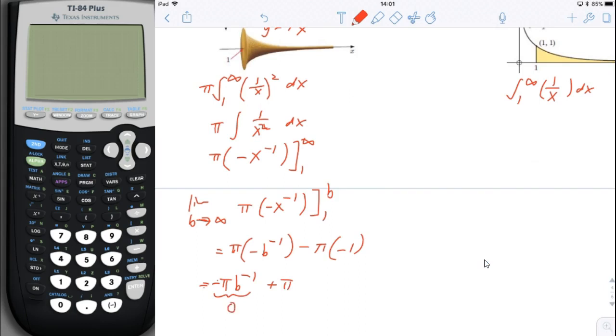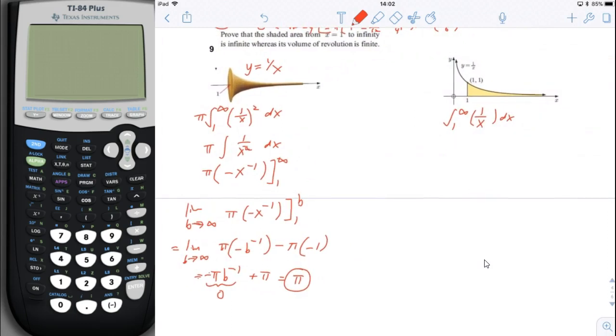Basically, that's 0. Okay, so when we take the limit as b goes to infinity and put infinity in for b, we find out that the first term is 0 and the last term is just pi. So it turns out the volume enclosed by this trumpet is pi. Okay? Then we're going to go do the other problem.